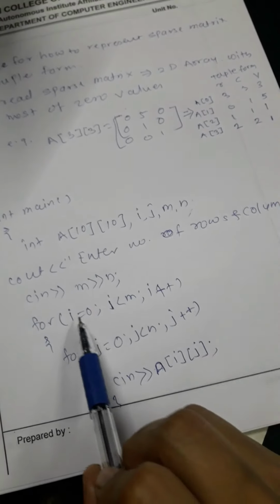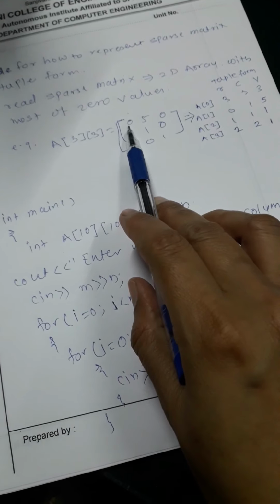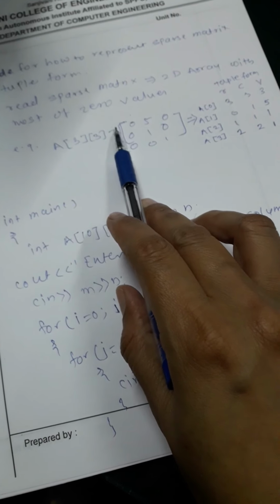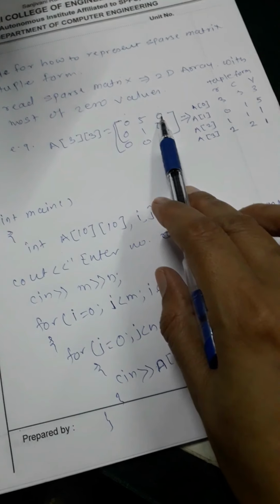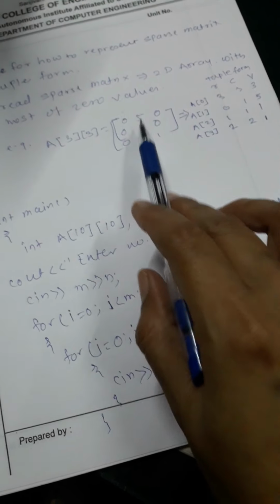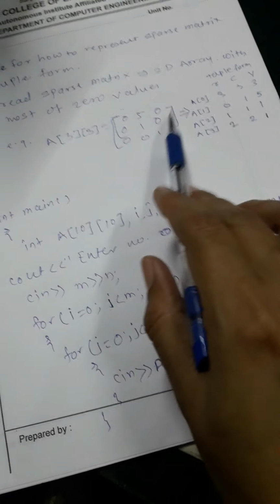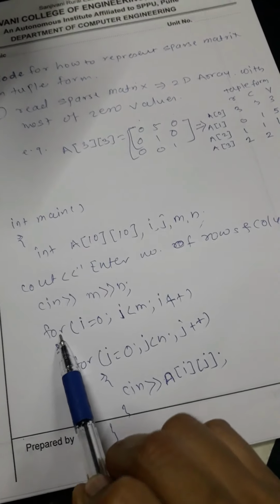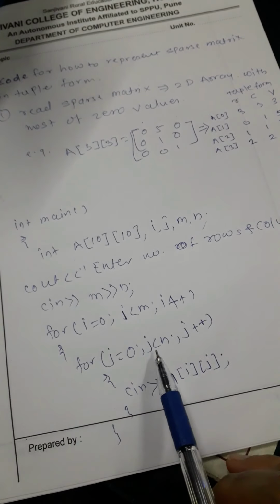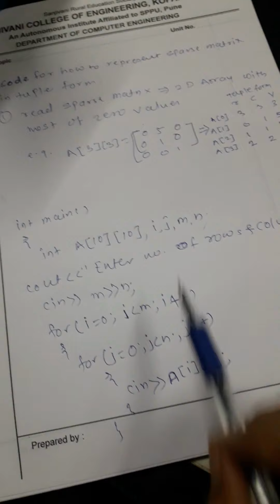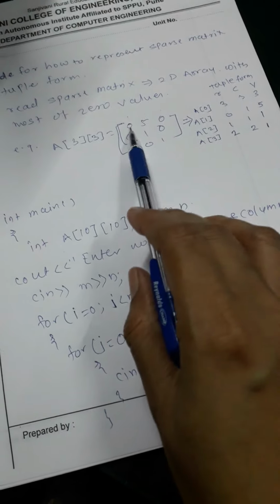The index starts from row 0 and column 0. Next it will be row 0 and column 1, row 0 and column 2. It means we are storing the elements row-wise. So here the first loop will be for the row. For every row we are entering n elements.